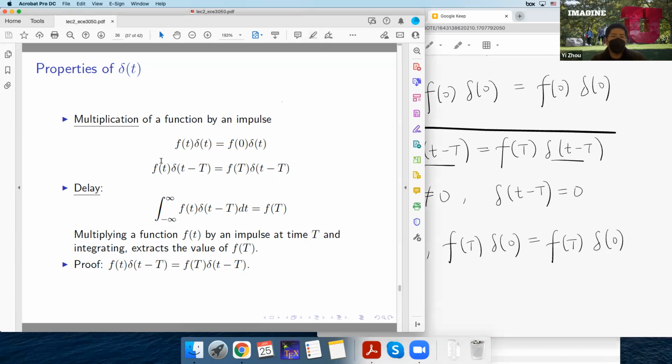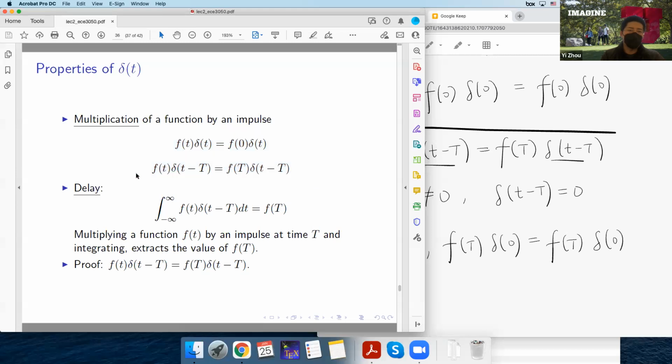So this shows that when we multiply any function by a shifted version of the impulse, we can replace this function by its value evaluated at this time shift capital T. So these are very useful properties in the homework, when you deal with multiplication of a signal with the delta signal.